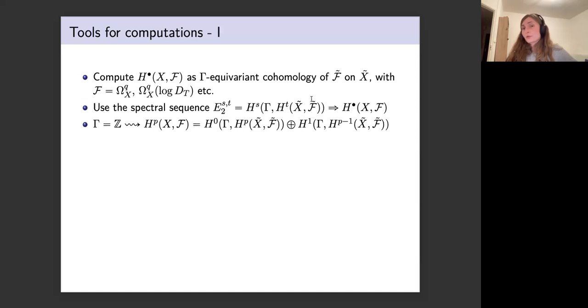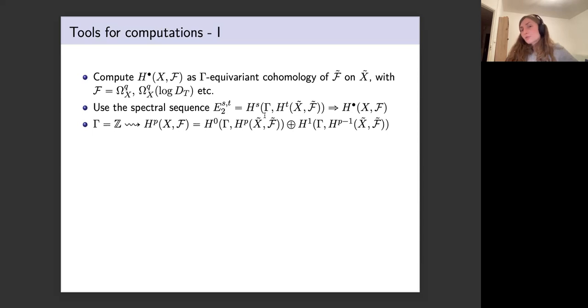So the spectral sequence not only degenerates, but even your cohomology is just a direct sum of H0 and H1. H0 meaning just Gamma-invariants, and H1 essentially also Gamma-invariants by duality. So we would just have to understand the cohomology of these things and then the Gamma-invariant parts.